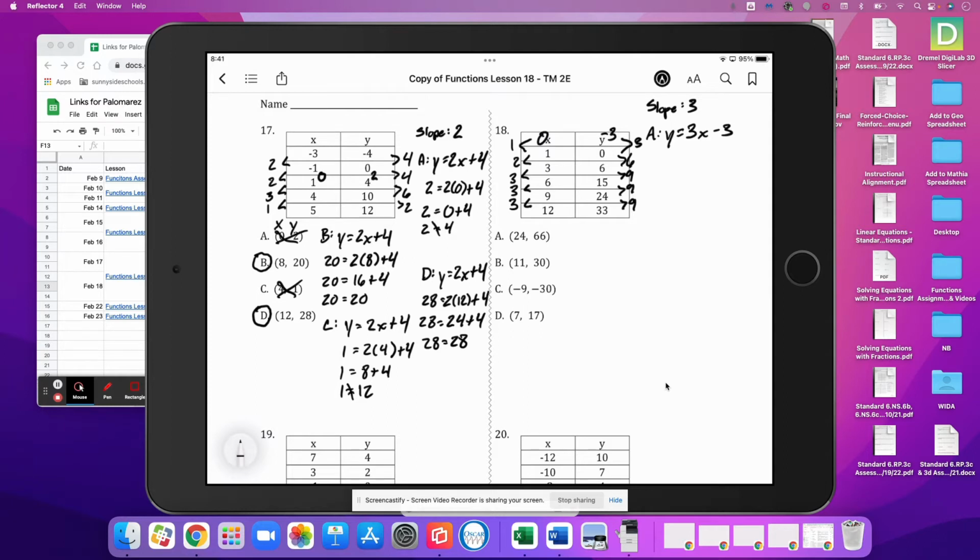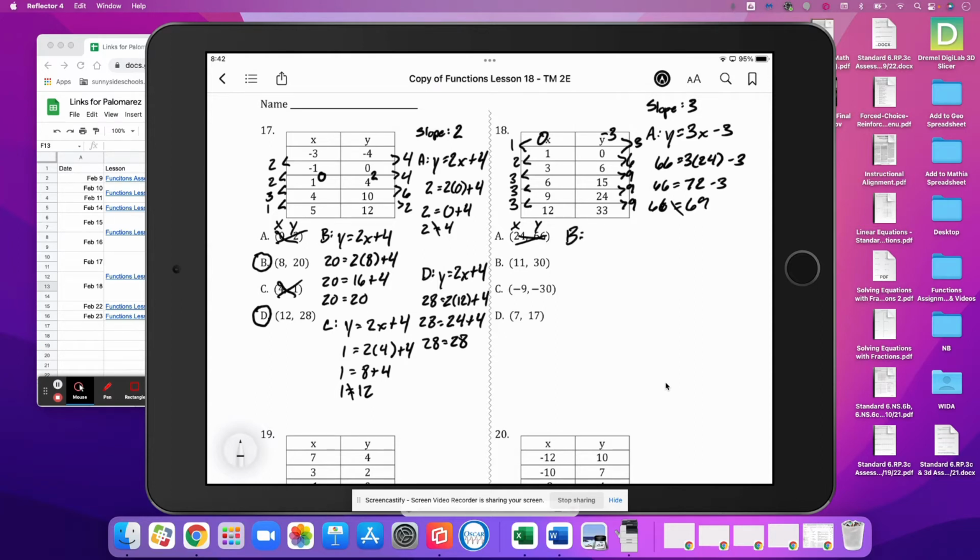And so let's test our first set of values. Again, x on the left, y on the right. 66 is equal to 3 times 24 minus 3. So let's see. 66, 3 times 24 is 72 minus 3. 66 is not equal to that one, so this one is not going to satisfy the function.